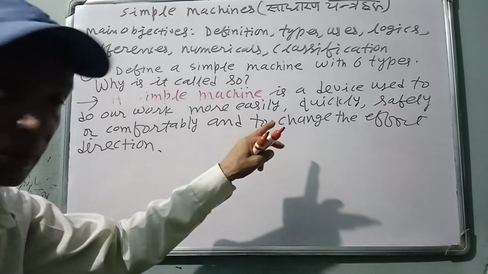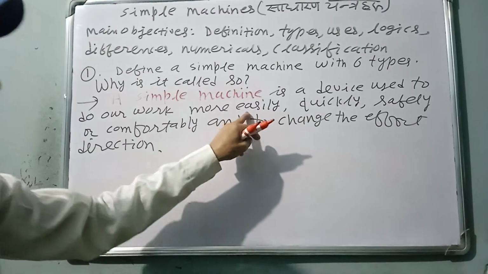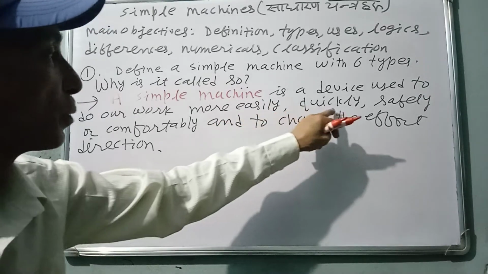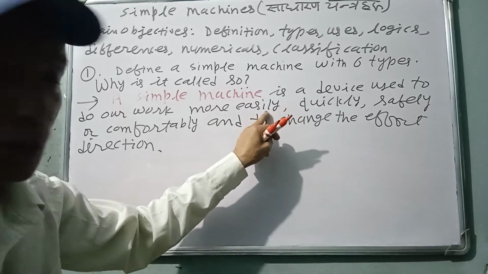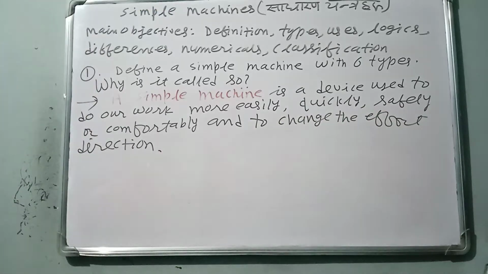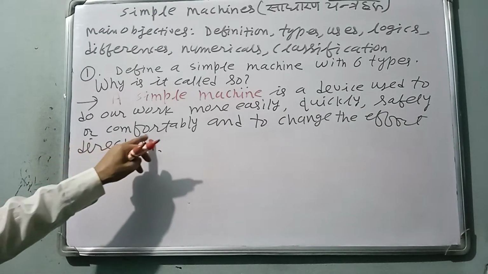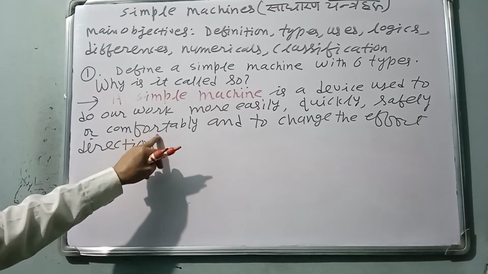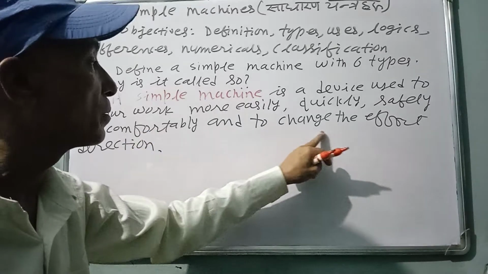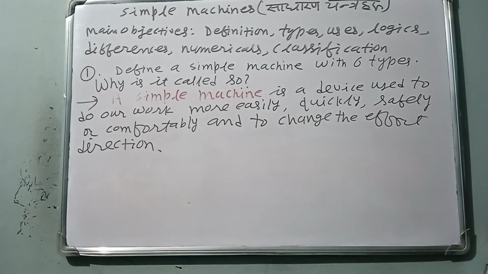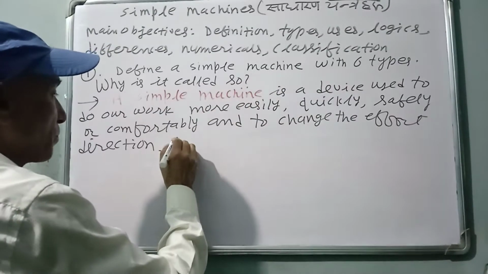यसले के काम गर्छ? It helps to do our work more easily, छिटो, quickly, easily सजिलो, quickly, छिटो, safely. It makes our work safe, not dangerous, comfortably, सुविस्तापूर्वक, to change the direction of force. Direction change गर्न मन पर्छ. There are 6 types.